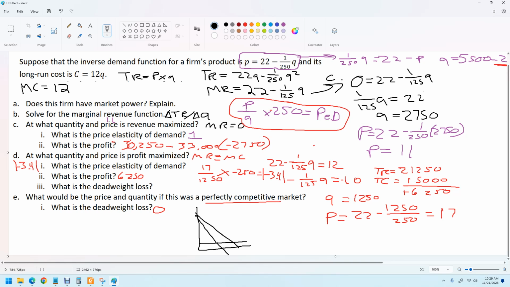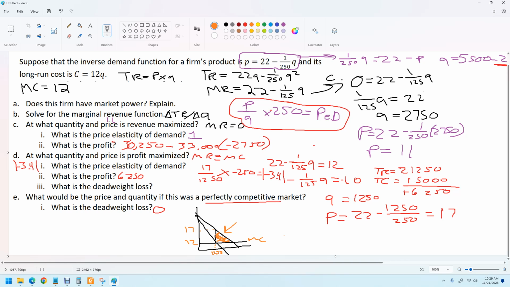Okay, so it's really just the area of this orange triangle here. The quantity where that triangle starts is 1,250 right there. We know this top part is 17. We know that the marginal cost is 12, so that's actually right there.